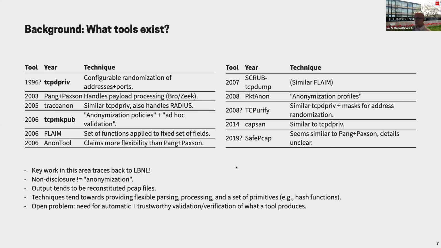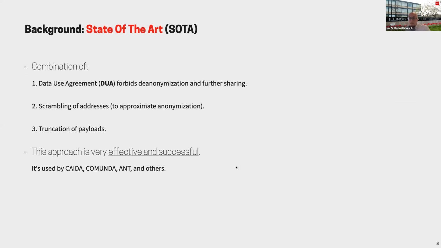And so when working on this, what's the state of the art today when sharing data? The state of the art combines using a tool like one of the ones I've just mentioned, or one that is derivative, but also coupling that with an agreement between the source and the recipient of the data, that the data is going to be used in certain ways and is not going to be abused in specific ways, right?